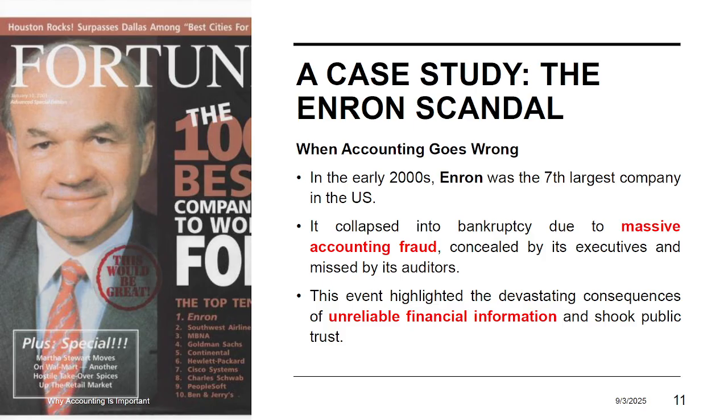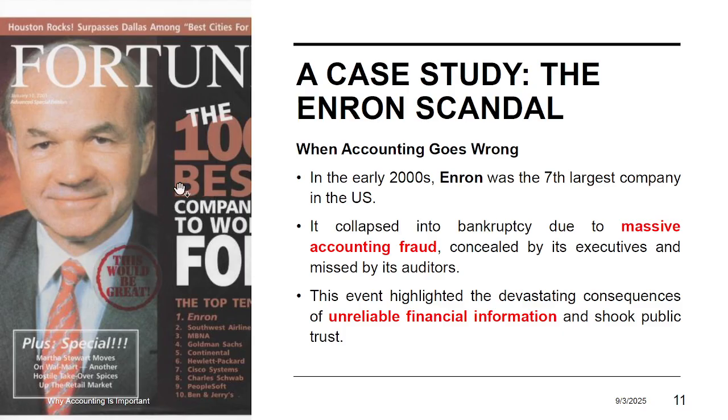So now, just a very quick look at the case study of the Enron scandal, right? A prime example of when accounting goes wrong is the Enron scandal. In the early 2000s, Enron was the seventh largest company in the United States, right? Unfortunately, this company collapsed into bankruptcy due to a massive accounting fraud, which was concealed by its executives and missed by its auditor.